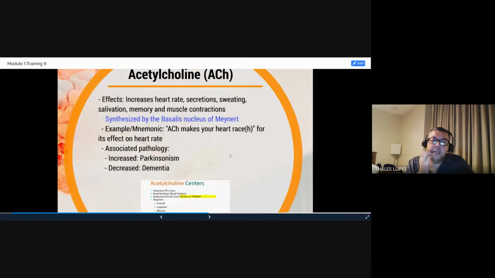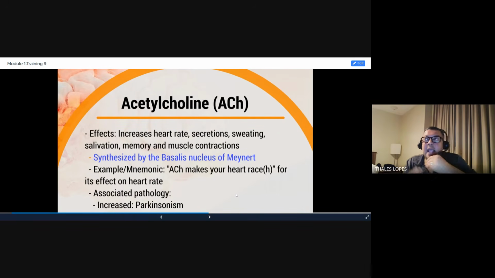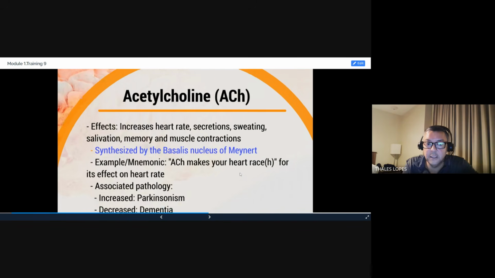Now, acetylcholine: if you think of increasing heart rate, secretion, sweating, salivation, memories, and muscle contraction, it's all about acetylcholine. So when one has low dopamine and too much acetylcholine, your heart rate might be increased. There may be lots of secretion, lacrimation, lots of diarrhea, sweating, salivation. Okay?